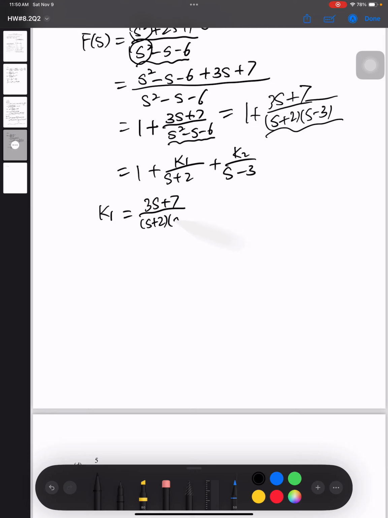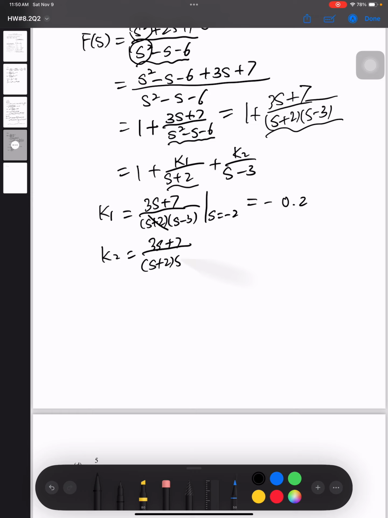Since k1 corresponds to s plus 2, we just cover this up and set s equals minus 2. We get k1 equals minus 0.2, and k2 is 3s plus 7 over s plus 2 times s minus 3.